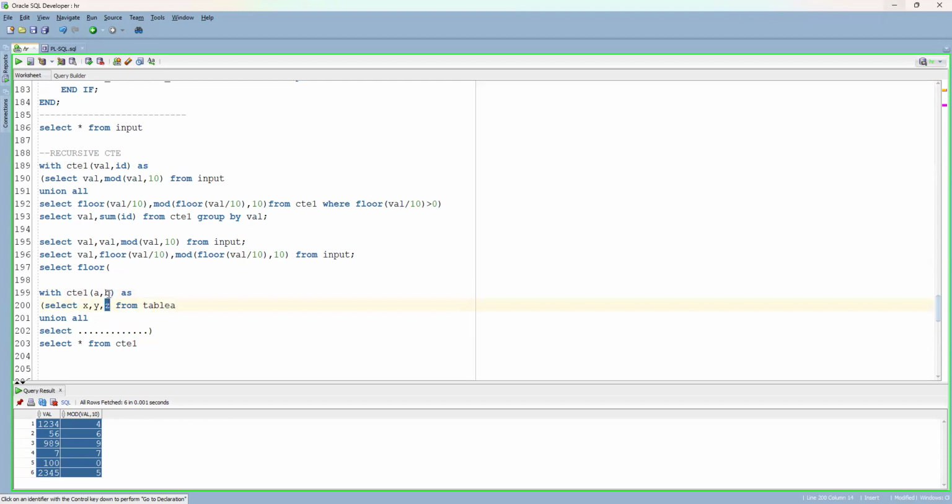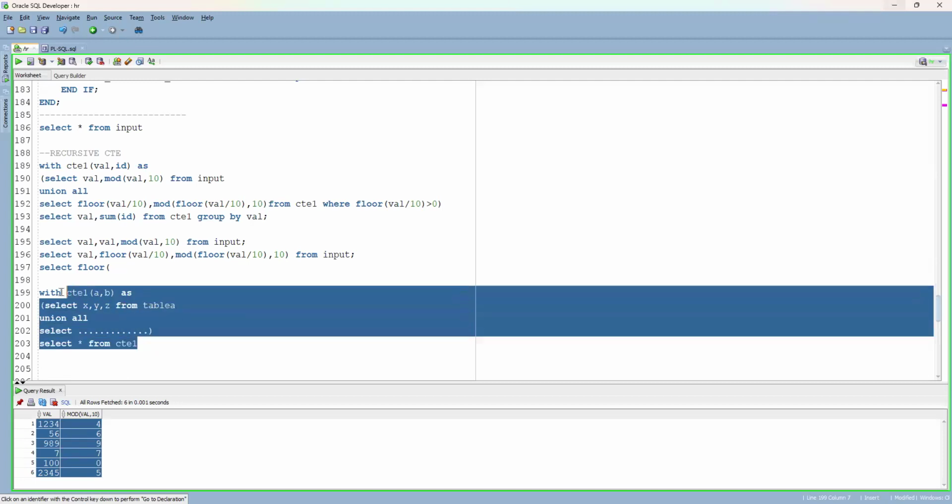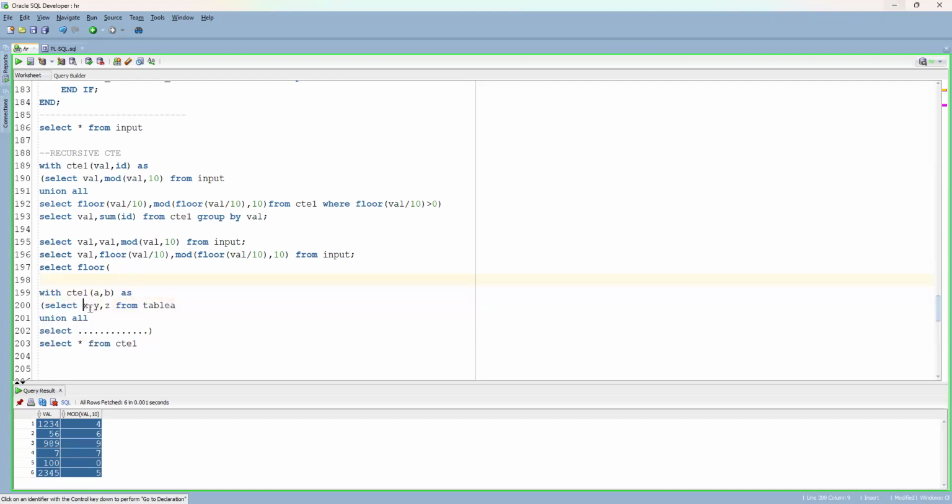Do you have any placeholder for Z in this CT1? Yes or no? No. If you don't have this, the SQL engine will be confused about where to save the output of Z. Ultimately, in this case, it will throw an error message. So what we learned is, if you're extracting three columns here, you have to have three placeholders here.